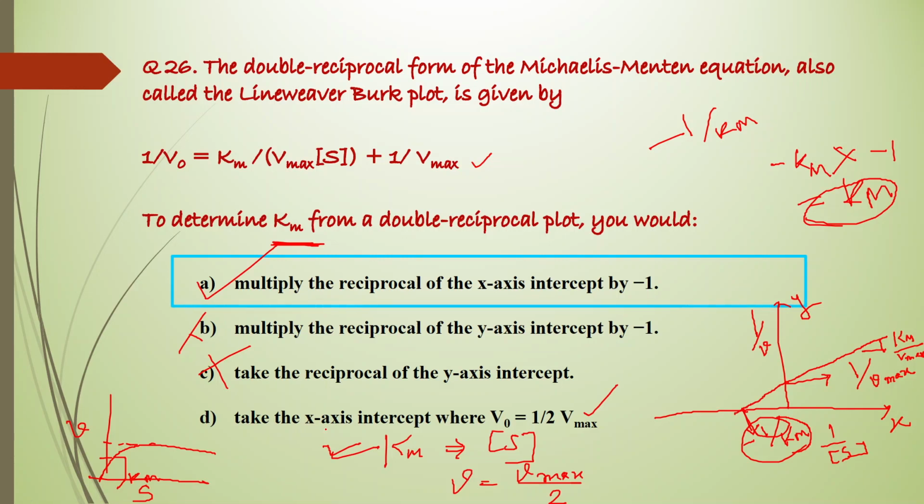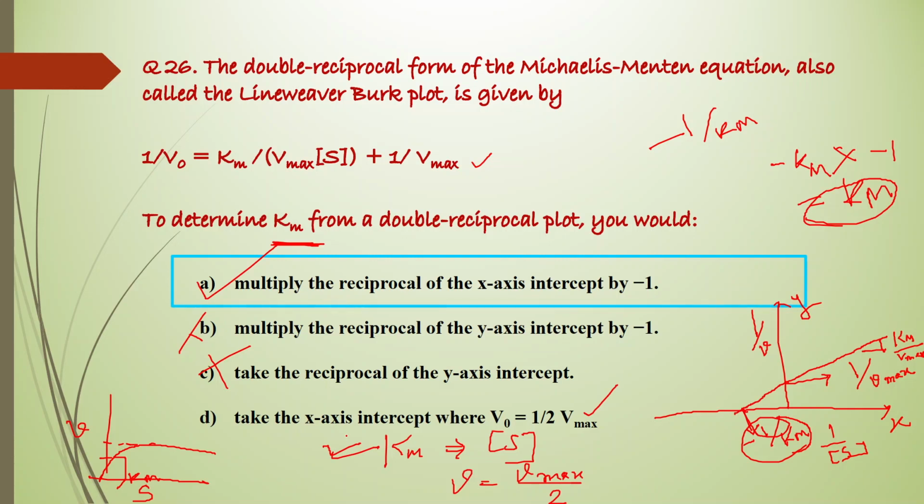This is not applicable for the Lineweaver plot or double reciprocal plot. For the Michaelis-Menten plot, the normal V versus S plot, this option could have been correct. But for the Lineweaver plot or double reciprocal plot, this is incorrect.